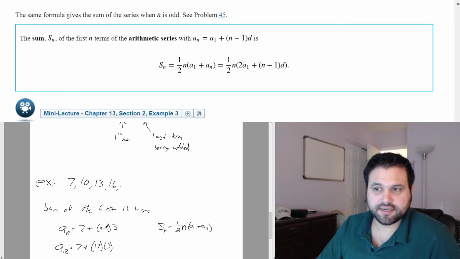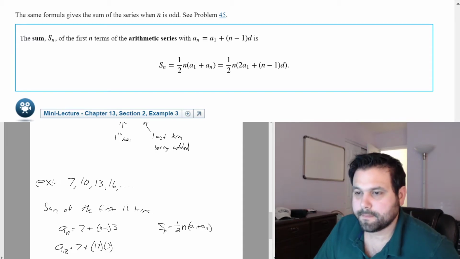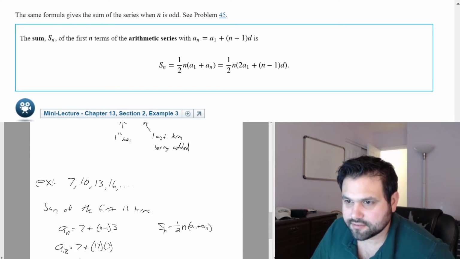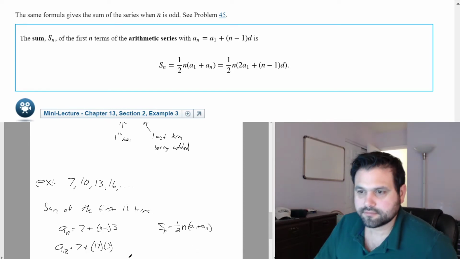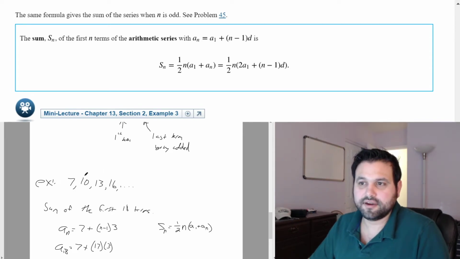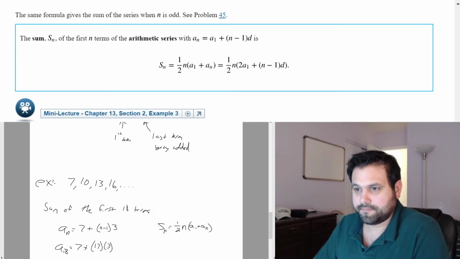Plugged in 18, 18 minus 1, 17. Okay? So a sub 18 is, let's figure out what that is. 51 plus 7, looks like it's 58. So a sub 18 is 58, right? If I continue this and write down 18 numbers, I want to get to 58.